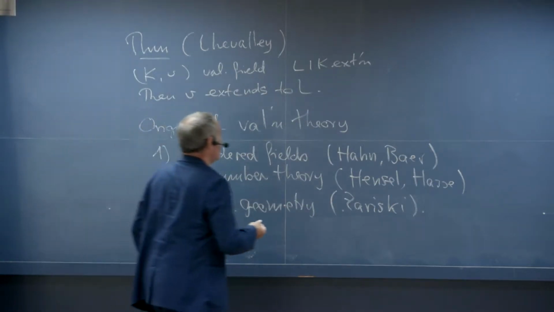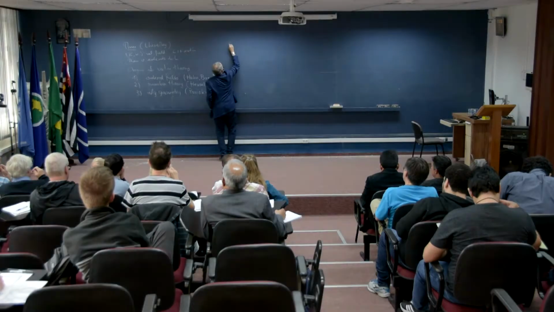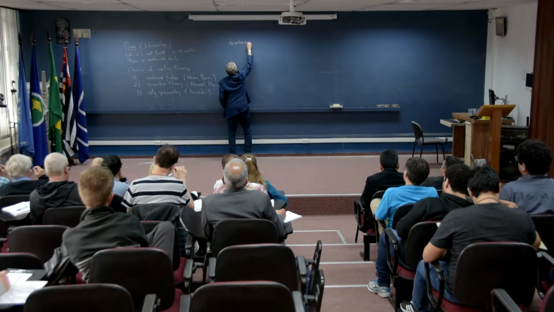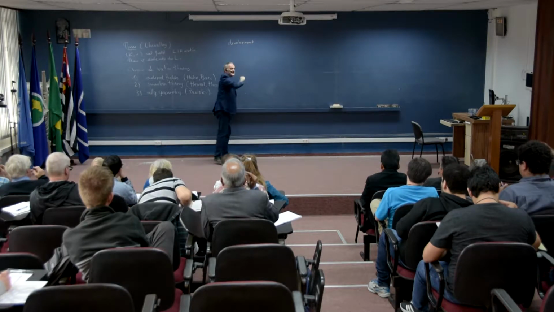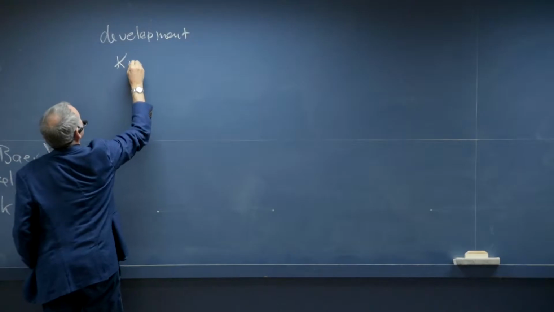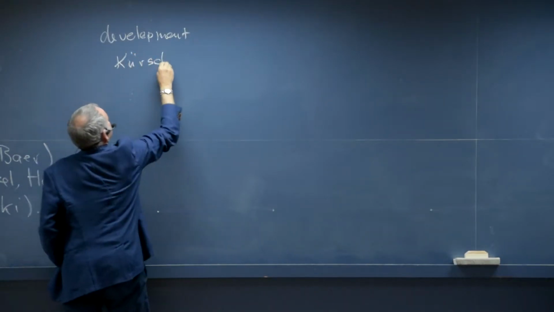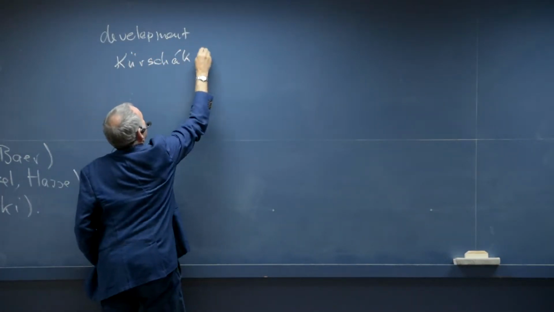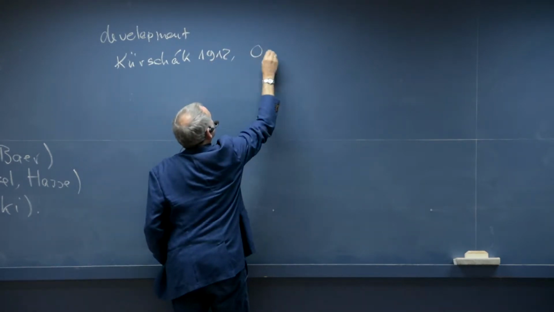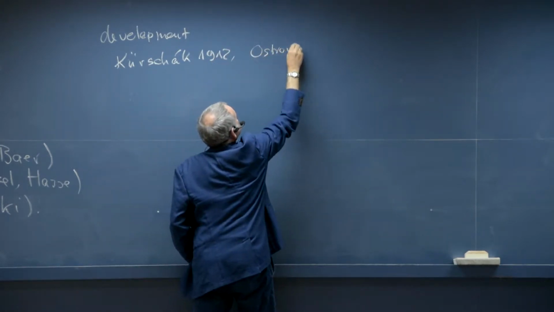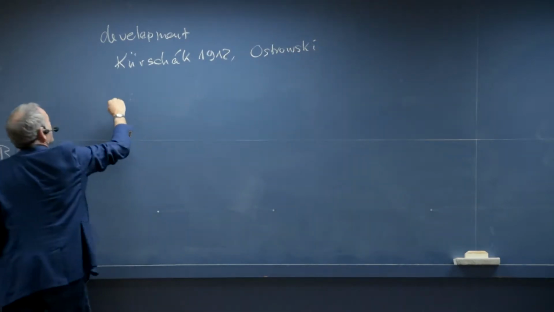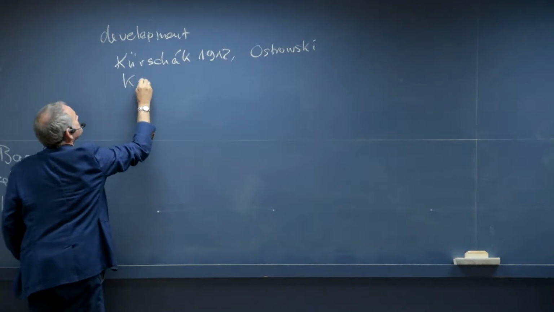So the earlier development: the first who gave the axioms that I wrote down was Kürschák in 1912. And then we have Ostrowski, we have Krasner.